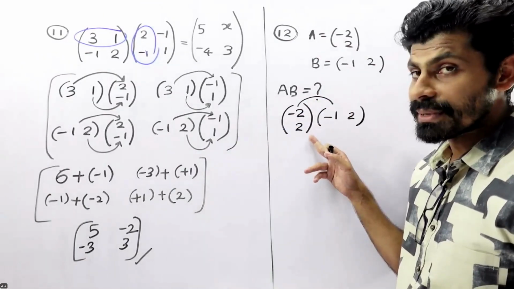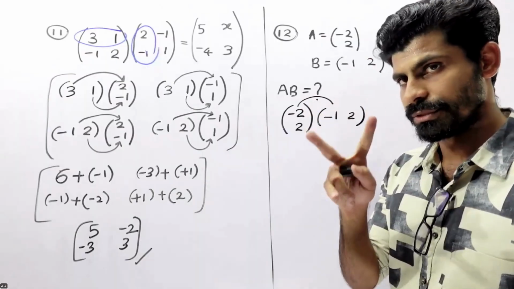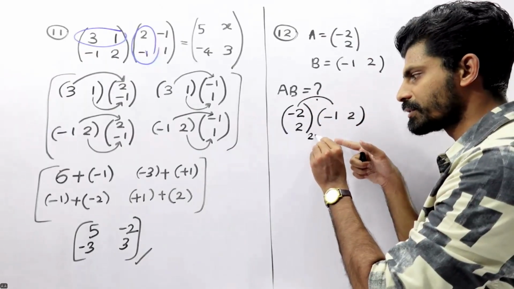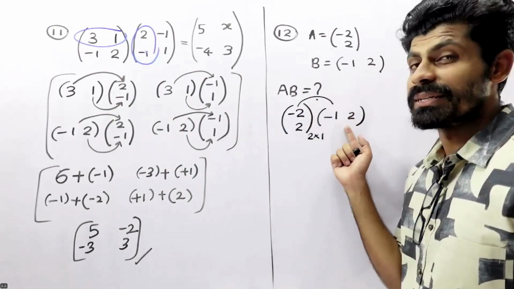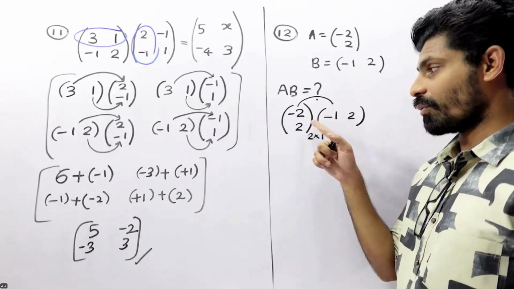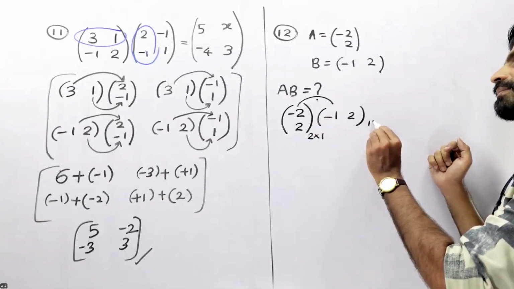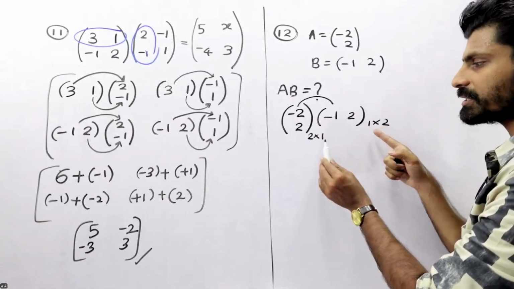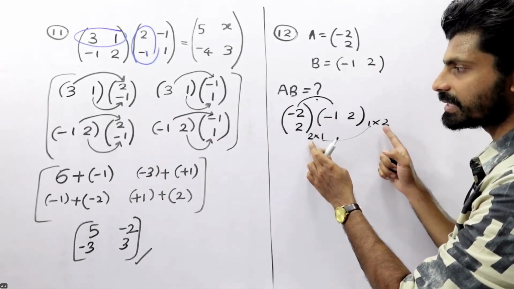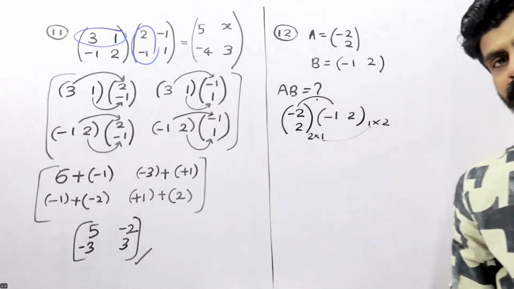What is the order of this matrix? How many rows? 2 rows, 1 column. That means 2 multiplied by 1. What is the order of this matrix? 1 row, 2 columns. 1 multiplied by 2. So that means my answer should be 2 by 2.